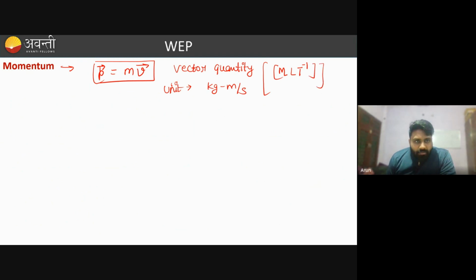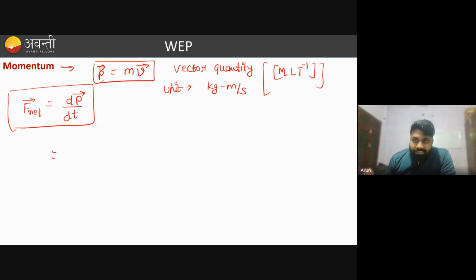We also know from Newton's second law that the net force on the system is equal to the change of momentum per unit time. This definition is given by Newton's second law. So force is nothing but the change in momentum per unit time.